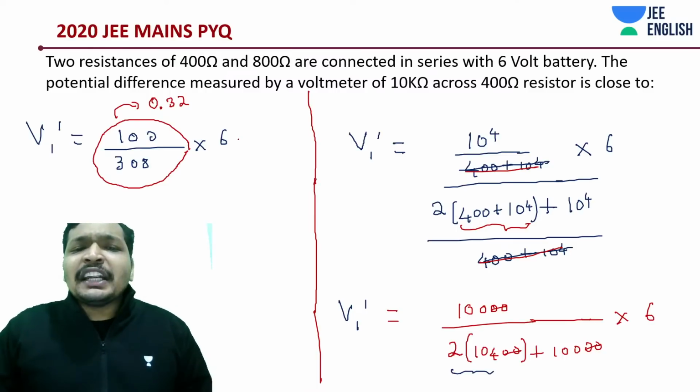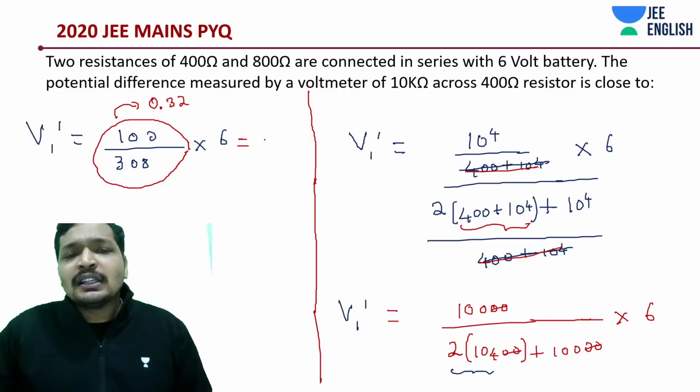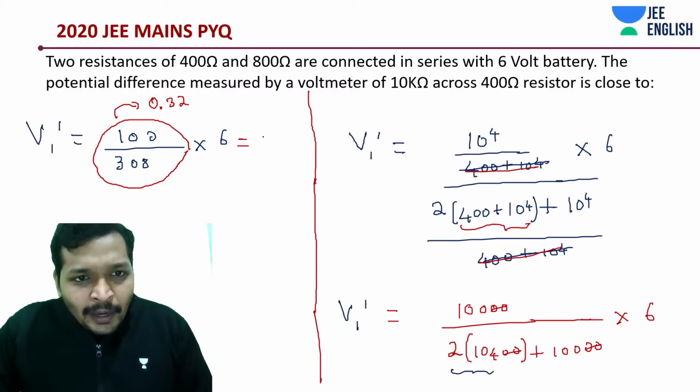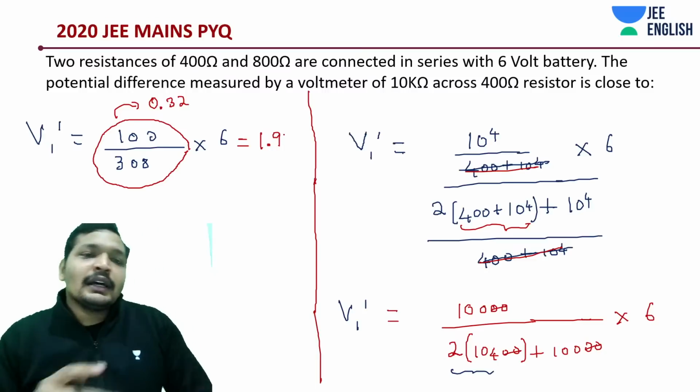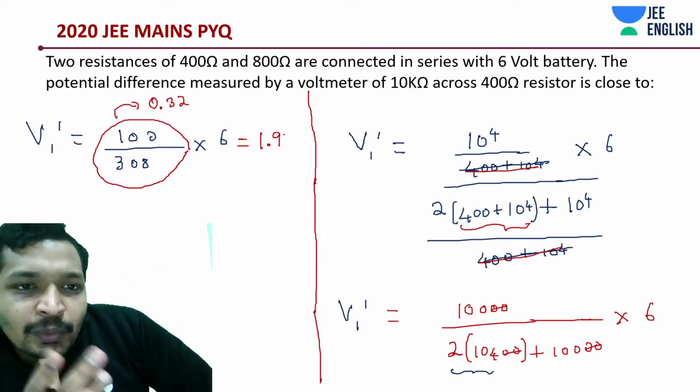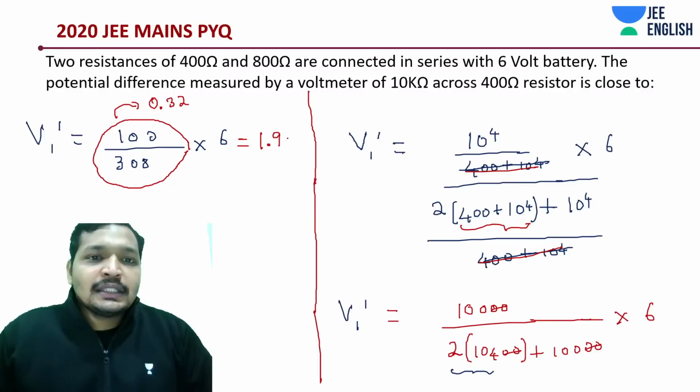So 0.32 into 6 is how much? Somewhere this is going to be 12. So it's 6 into 32, like 1.92 and odd.